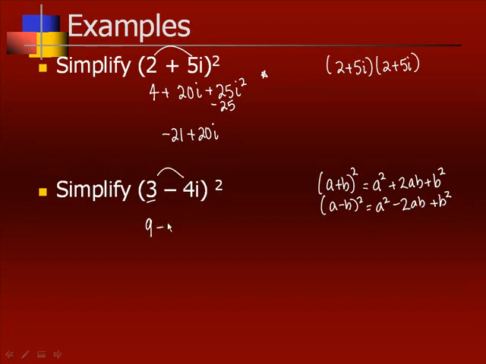You multiply those two, which would give us negative 12i. Doubled would be negative 24i. And then you square the last term, which would be 16i squared. But i squared is negative 1, so that's going to make that 16 times negative 1, or negative 16. 9 minus 16 is negative 7, minus 24i.